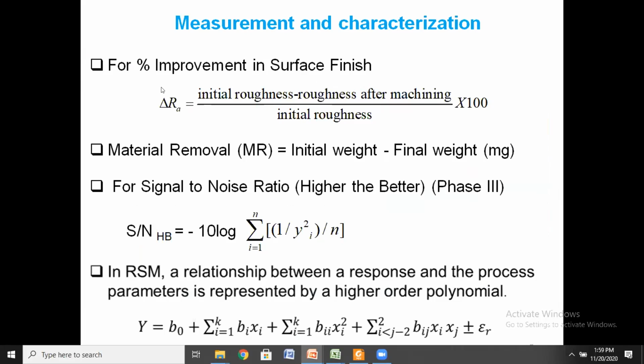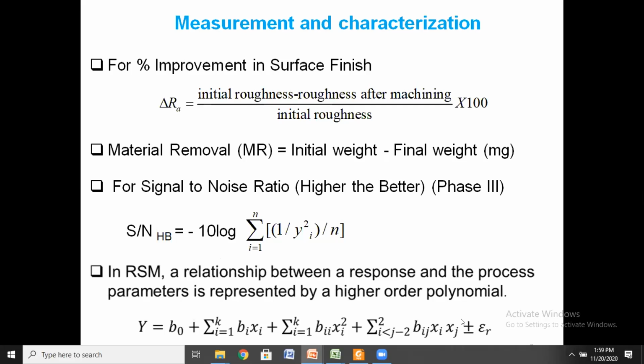As I already discussed, delta RA is calculated and MR, material removed, is calculated, and for higher-the-better Taguchi analysis we use this equation. In RSM, the relationship between a response and the process parameters is represented in a higher order polynomial as per the given equation. You can also see plus or minus error.